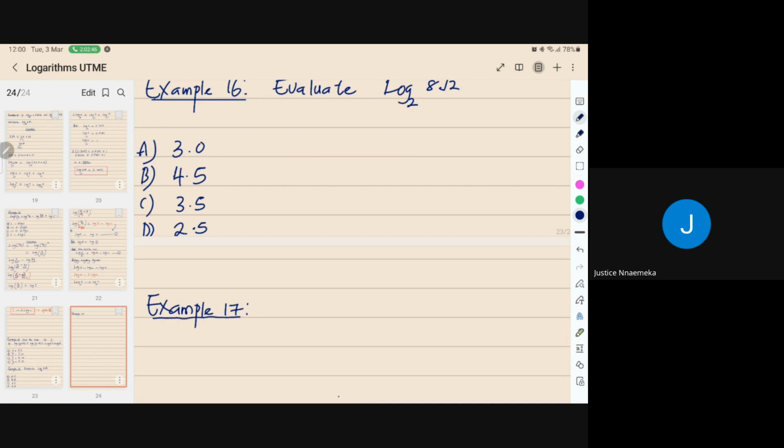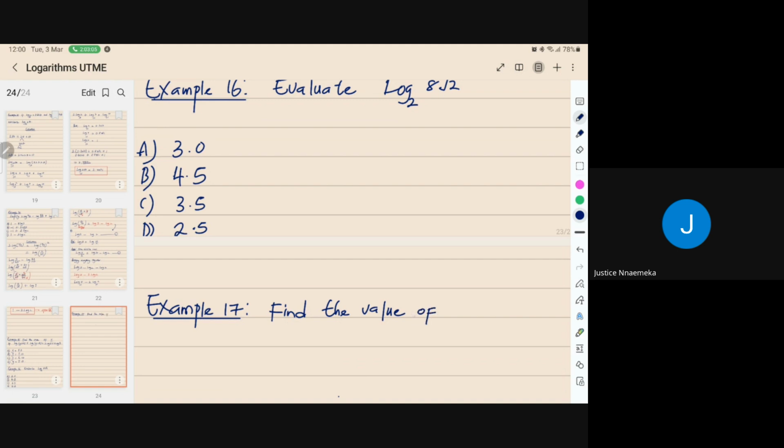I've solved close to 14 to 15 examples, and I think that's a lot already. This one is 1979.